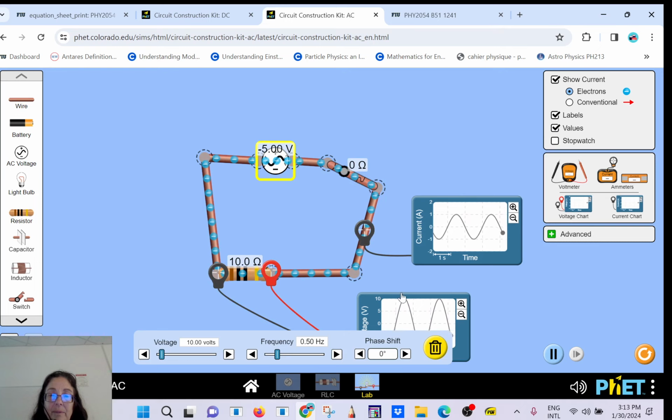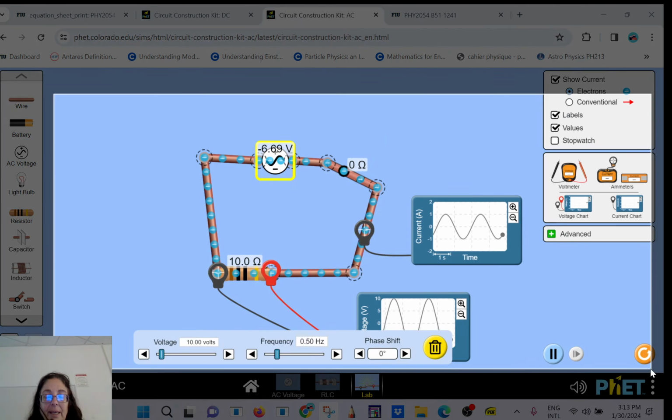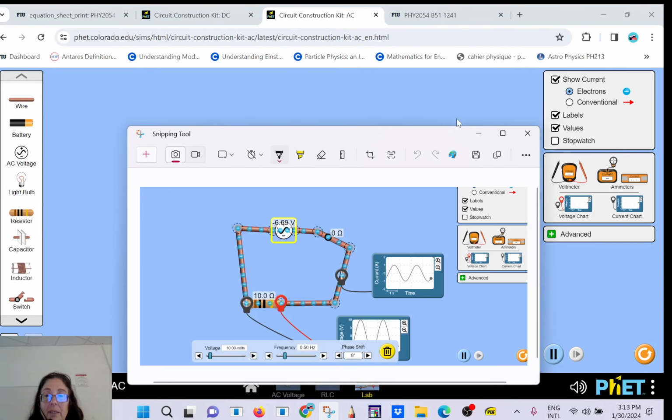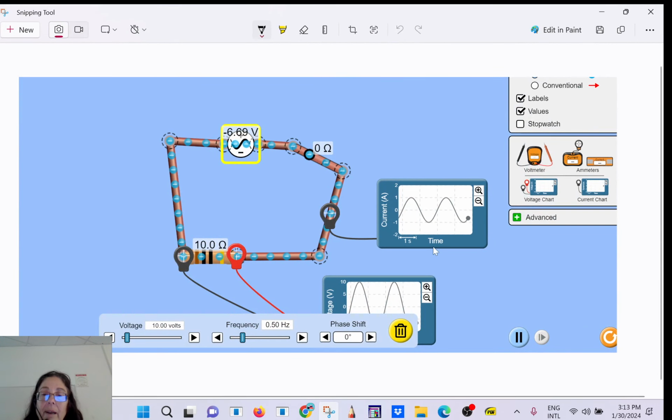What is the frequency here? 0.5 hertz. So this is 1 second. This is one cycle: the current goes positive, increases, goes to 0, negative, and goes back here. So that will be one cycle. And this is 1 second.